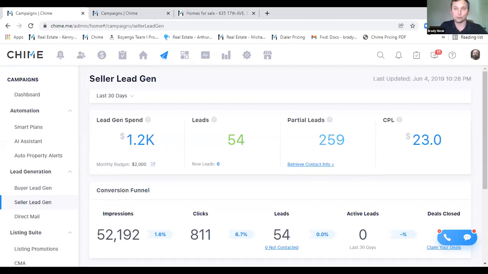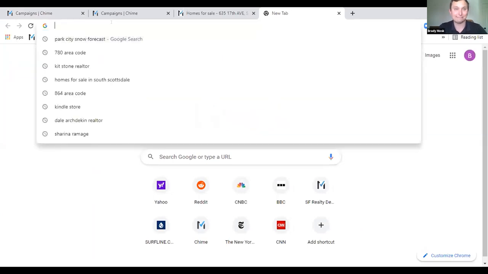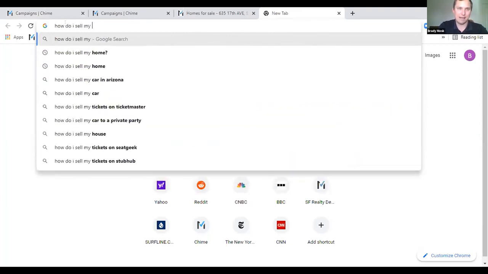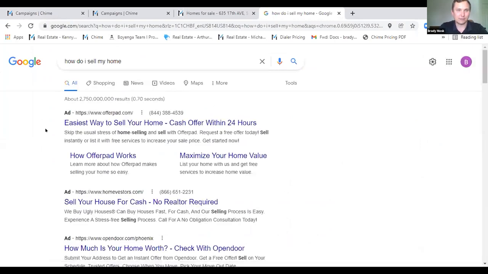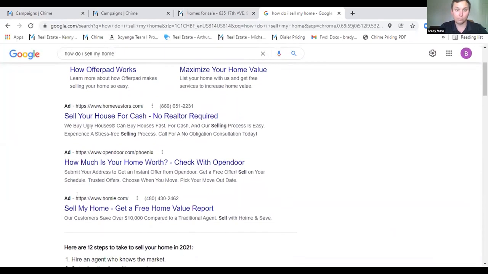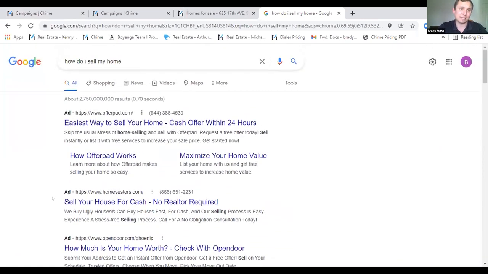So when I go to Google, if I am interested in selling this property that I just bought 6 months ago, I would maybe type in, how do I sell my home? Right? These companies up at the top here, OfferPad, Home Investors, some iBuyers, of course, they're bidding on this stuff, Homey.com.